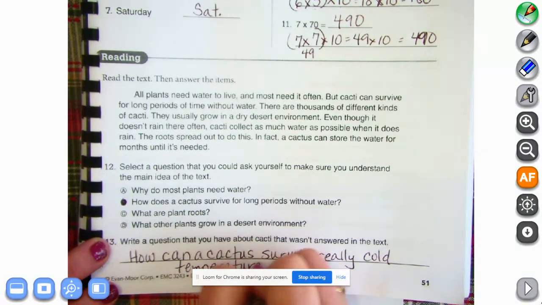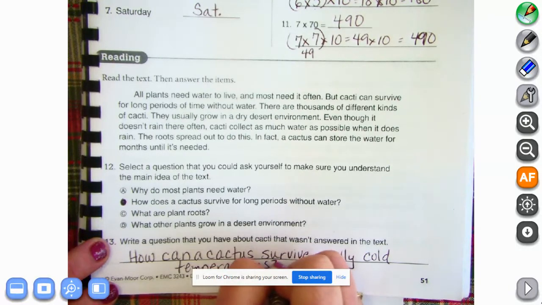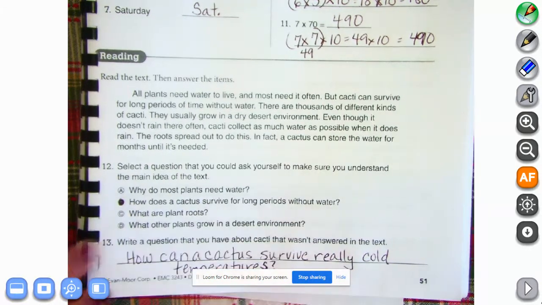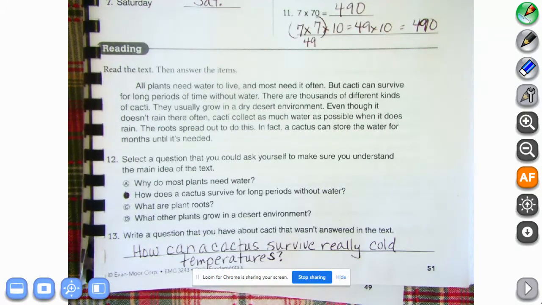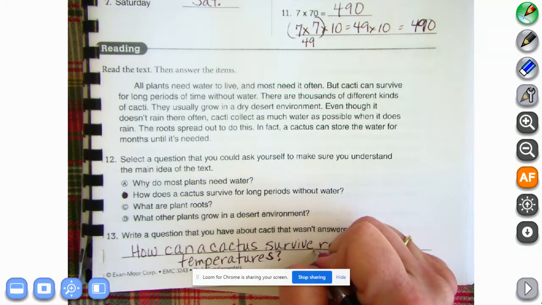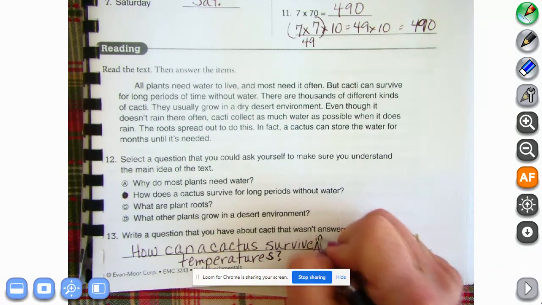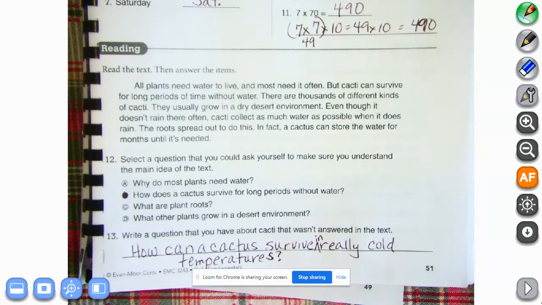Or I could ask, how big does a cactus grow each year when it doesn't have a lot of water?